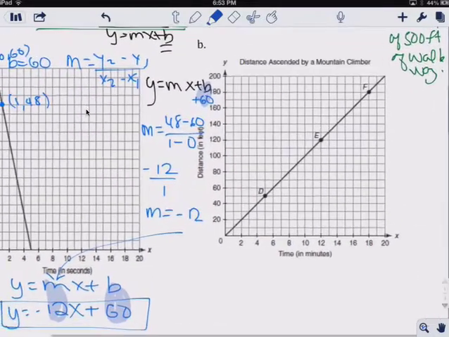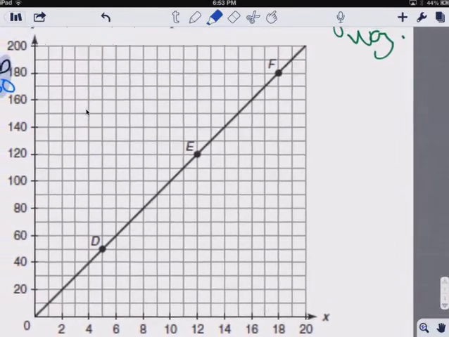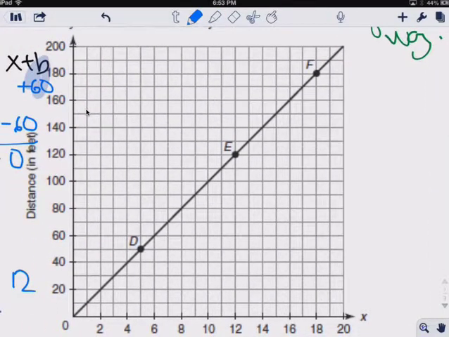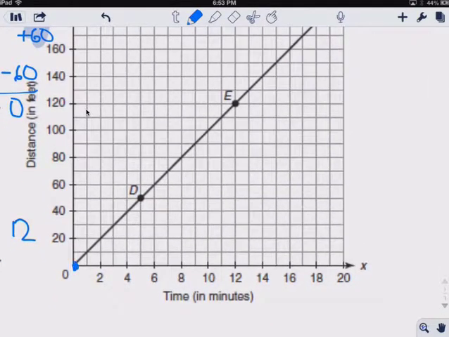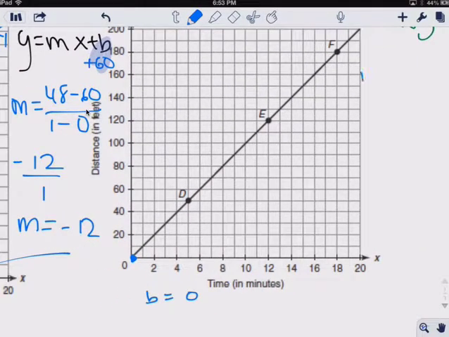Much, much easier. Like this one, they got the y-intercept here. Because we have the y-intercept, you do not have to use point-slope. The y-intercept here is at 0, so b is 0. And we can find slope.